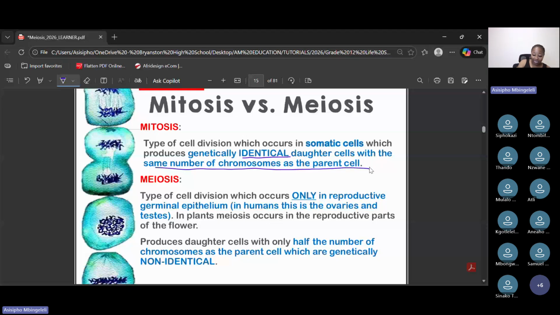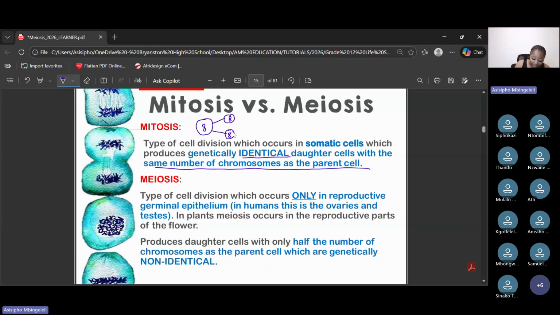So a cell that undergoes mitosis that has 8 chromosomes will divide only once to form 2 cells that will be genetically identical, which will also have 8 chromosomes each. The chromosome number is maintained. We started with 8 and we ended up with 8 in each cell. And there's only one division. The cell divides once and that is done.